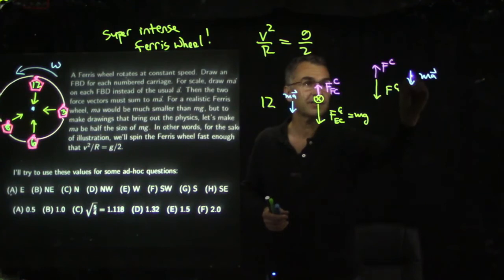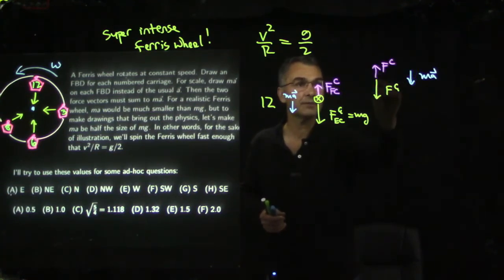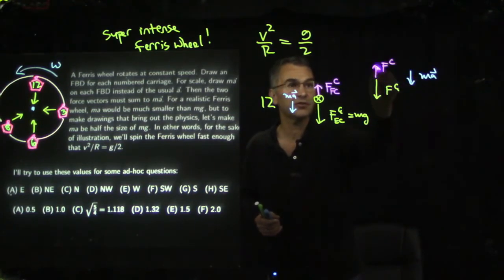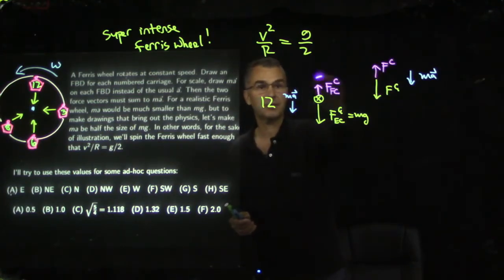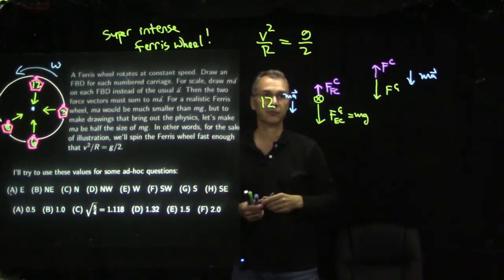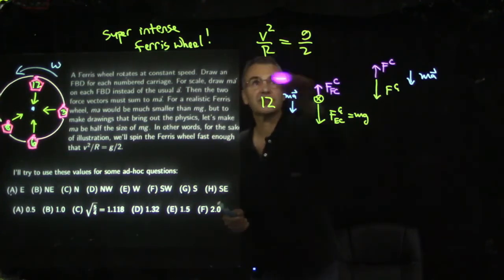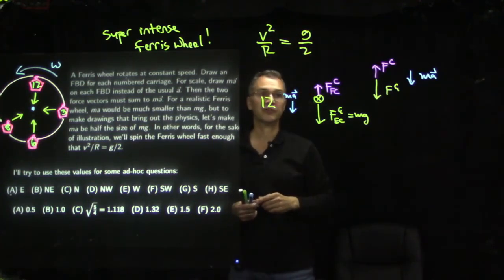So this line should be half the length of this line, and then we want this line and this line to add together to make this line, so this line has to be half the length of this line and point upward. So that was interesting. So this is the free body diagram, I think, for carriage number 12, with this kind of unrealistic situation that v squared over r is g over 2.